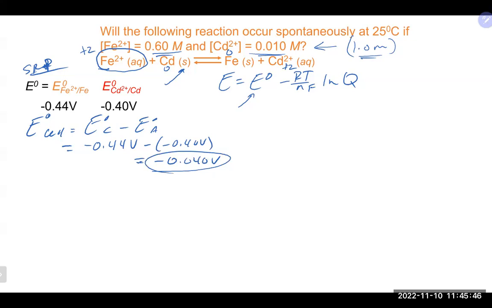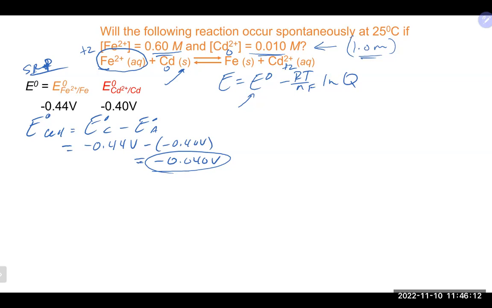Now, under standard conditions, is this reaction spontaneous? It is not. We have a negative E, which would give us a positive delta G. So under standard conditions, this reaction would not be spontaneous. What we're trying to see is whether, by playing with the concentrations, this reaction may become spontaneous.